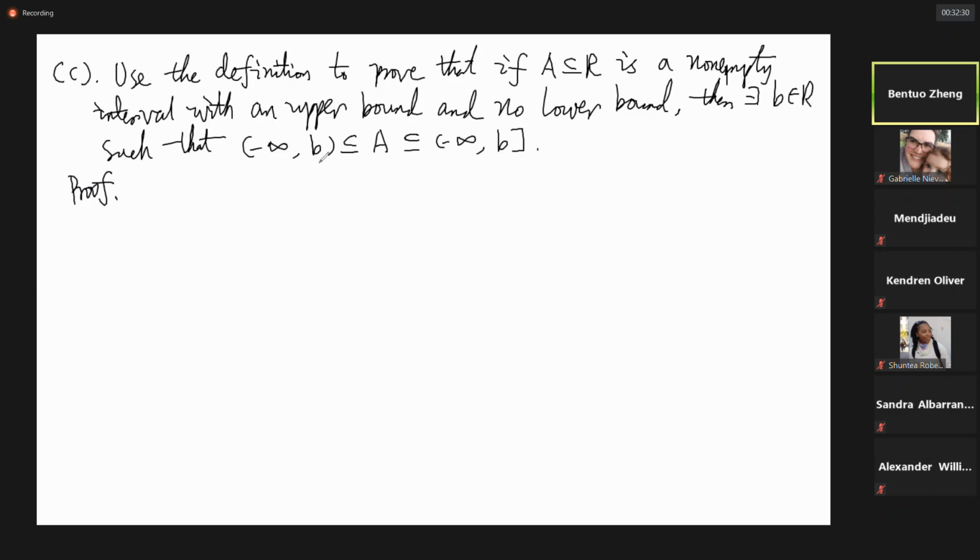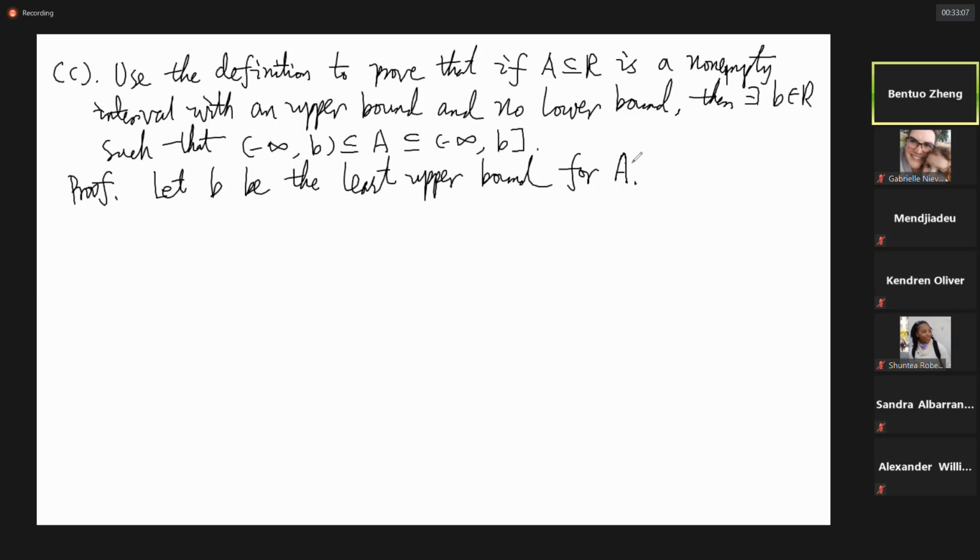So again, we want to define B. In this situation, you know how to define B. We just let B be the least upper bound for the set A. Because A has an upper bound, by the completeness of the real numbers, A has a least upper bound.